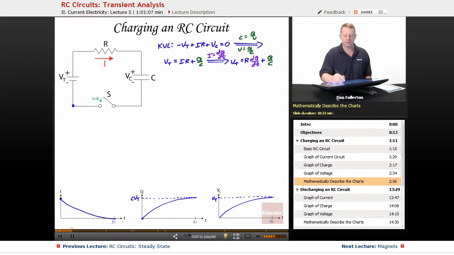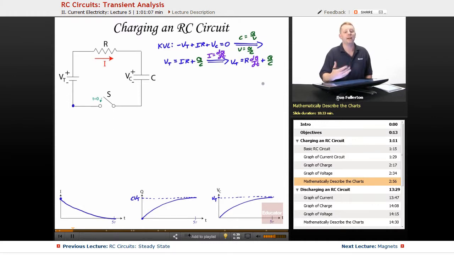We have Q and the derivative of Q in the same equation. So how do we deal with something like that? Well, the first thing I'm going to do is called separation of variables. I'm going to try and get all the variables of the same type on the same side. So I need to get Q and dQ together. So this is going to take a little bit of algebraic manipulation.